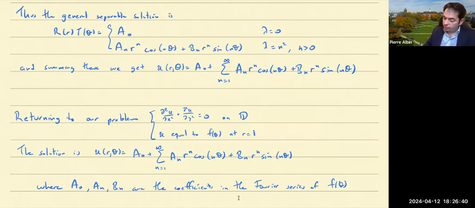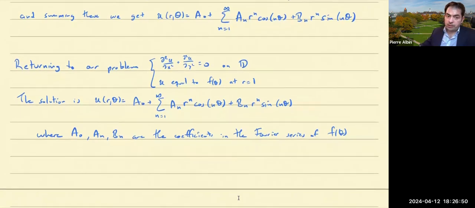Because when r is equal to 1, the r to the n is not even there, and for this to match f of theta, that's just a Fourier series of f of theta.